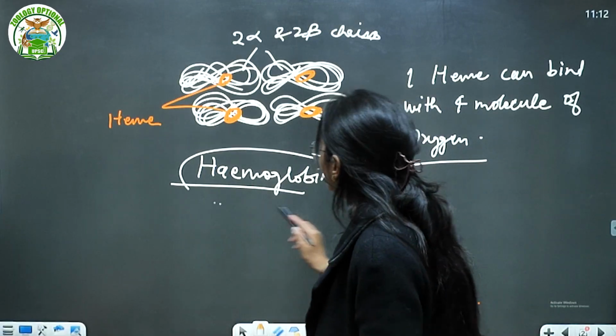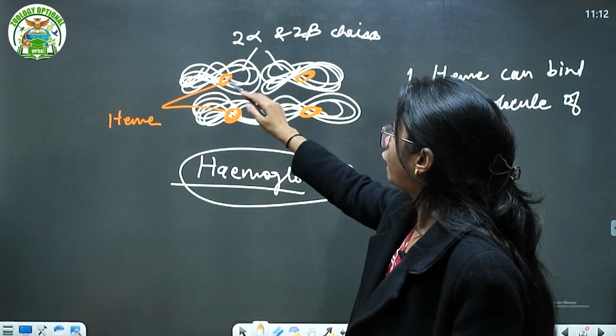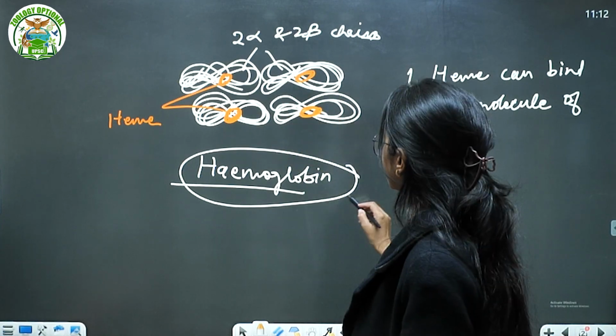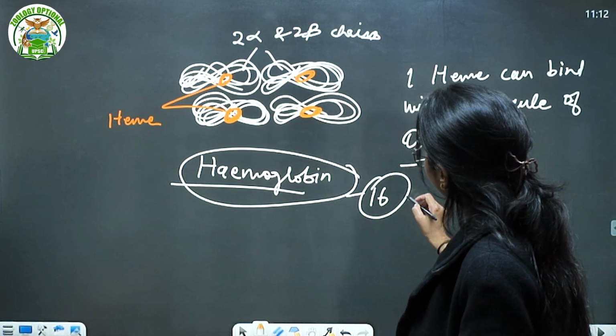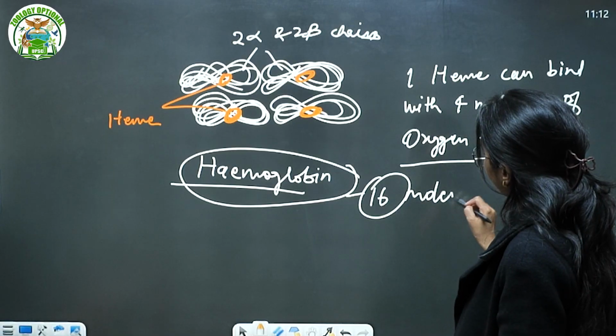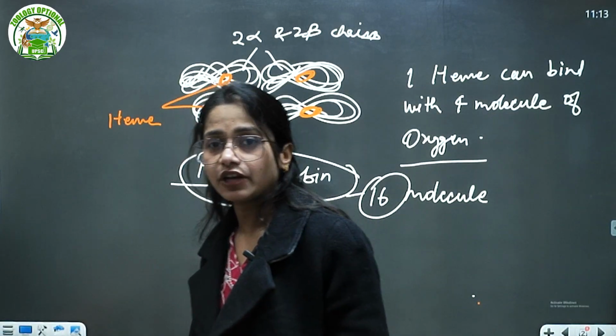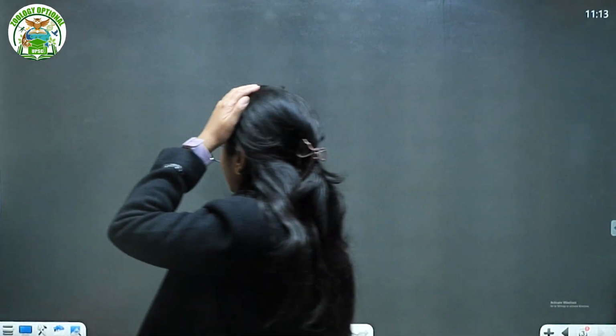So one hemoglobin, with its 4 hemes, will bind 4 molecules of oxygen. That means it has a good capacity. We are not going to talk about it from this angle.